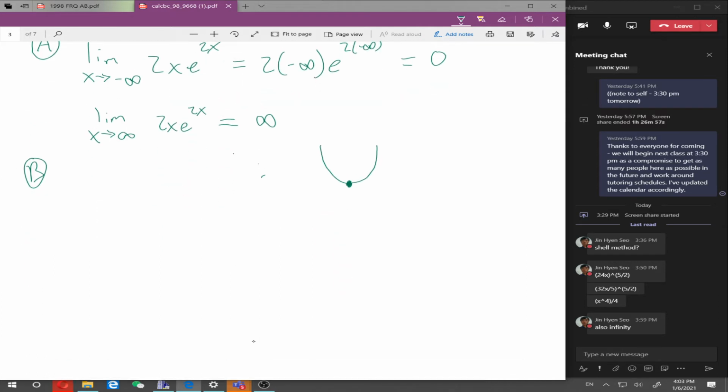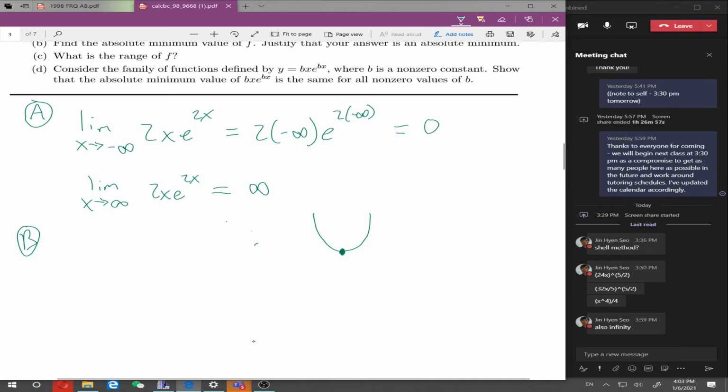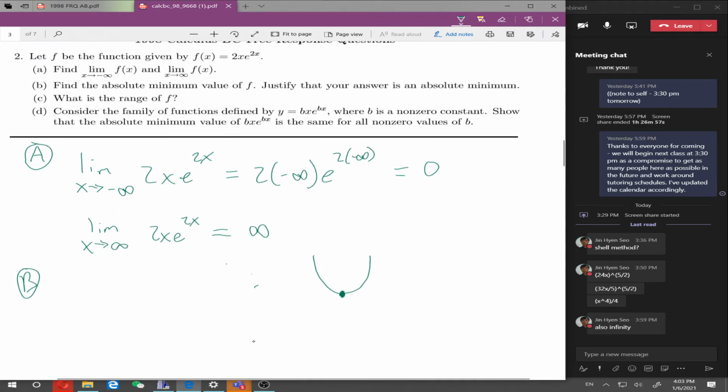At a relative minimum or maximum, any relative extrema, our slope should be 0. So we're going to derive f of x and set our derivative equal to 0 to figure out when our slope will be 0. Let me just copy f of x for now so I can zoom in. This is 2x e to the 2x.